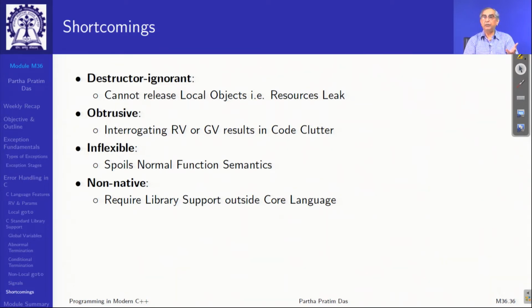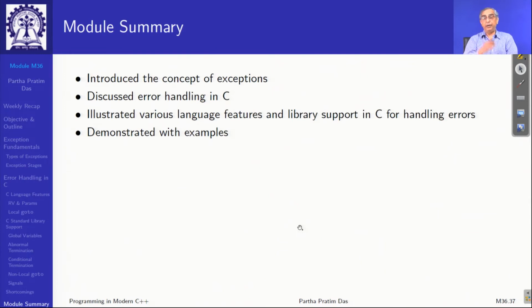They are not flexible, because normal function semantics is getting lost, because you have to have value parameters and so on. They are non-native, because they are not part of the language and they are coming as library support and so on. So, these shortcomings will be solved when we actually go on to C++ error handling exceptions in the next module.